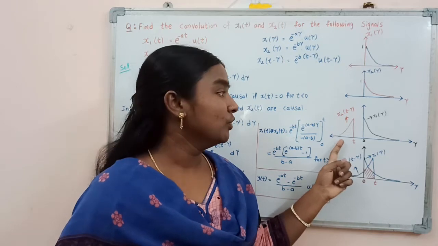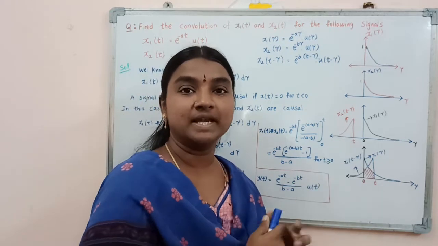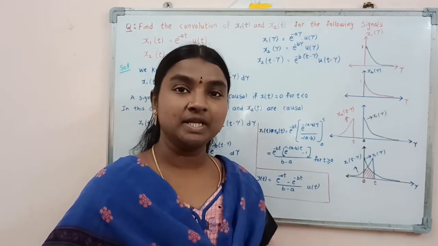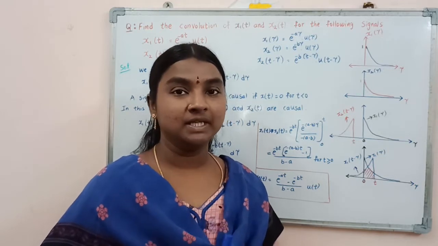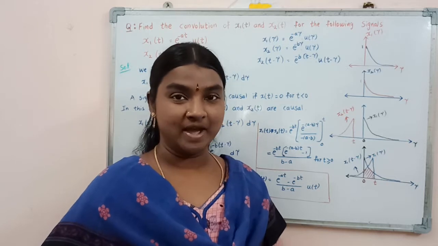By moving the x2 of t minus tau signal towards the right side, if there is any overlapping period between these two signals, then in that overlapping period, by considering common integration limits, we are going to find out the output signal y of t.